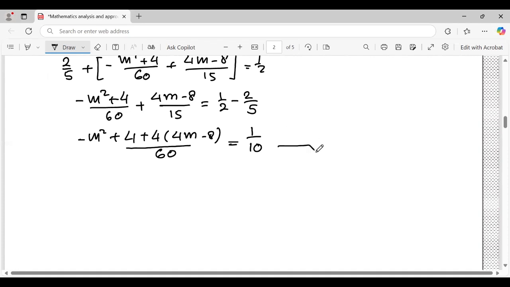After that, multiply by 60, and it becomes minus m squared plus 4 plus 16m minus 32 equals 6.